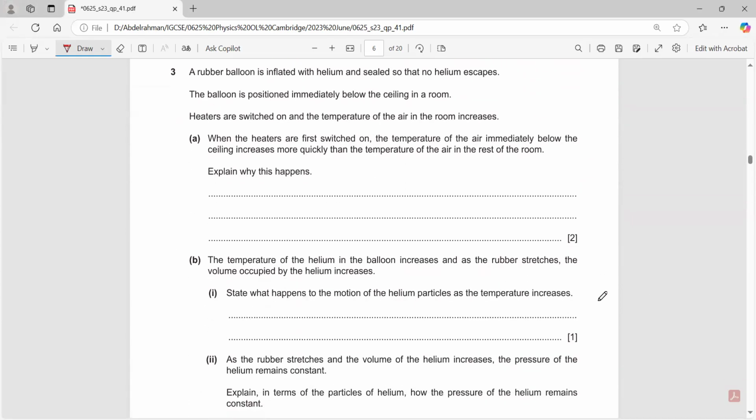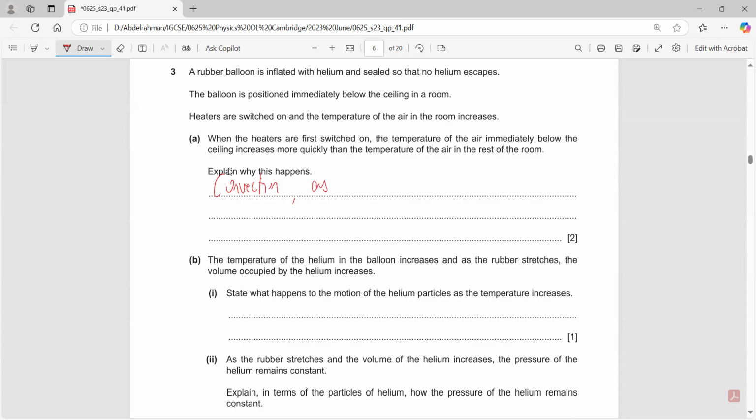A rubber balloon is inflated with helium and sealed so that no helium escapes. The balloon is positioned immediately below the ceiling in a room. When the heaters are first switched on, the temperature of the air immediately below the ceiling increases more quickly. Why is that so? It's due to convection.